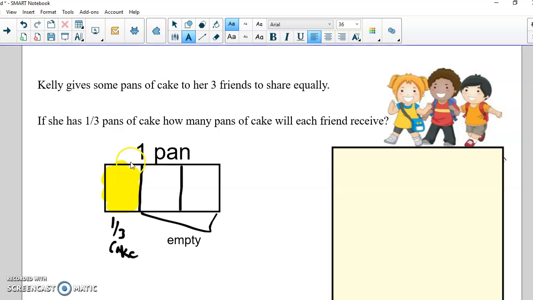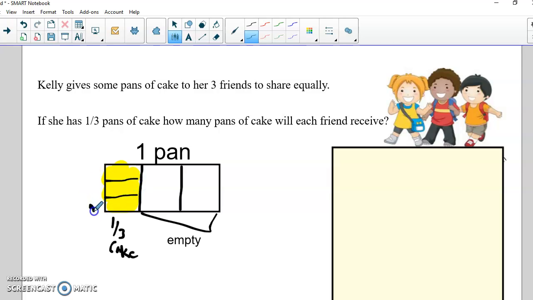Okay, so if I have a 1/3 pan of cake here and I want to share it equally with my 3 friends, what would I need to do? Well, I would need to cut it up into 3 parts so everyone gets a piece. Person A, person B, and person C. But again, I want to know about the size of the piece that they get.